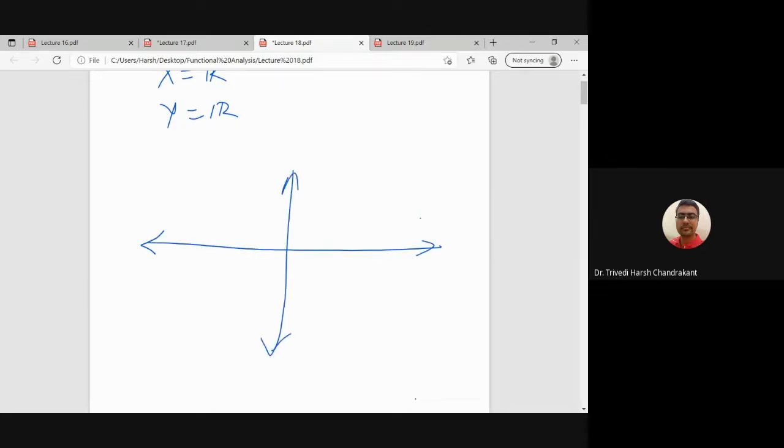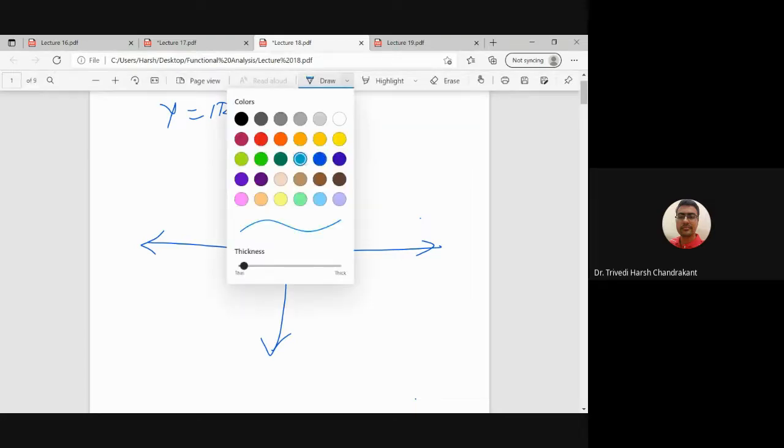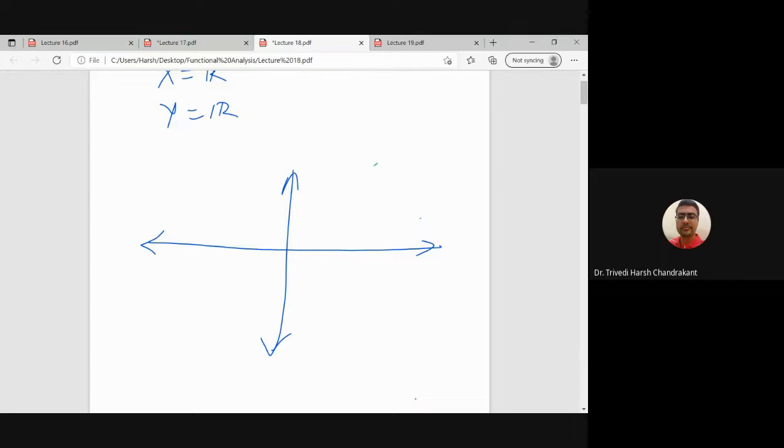So, for example, take X equal to R and Y equal to R, and we define a function: up to the origin it is this function, and from the origin onwards it is this function.